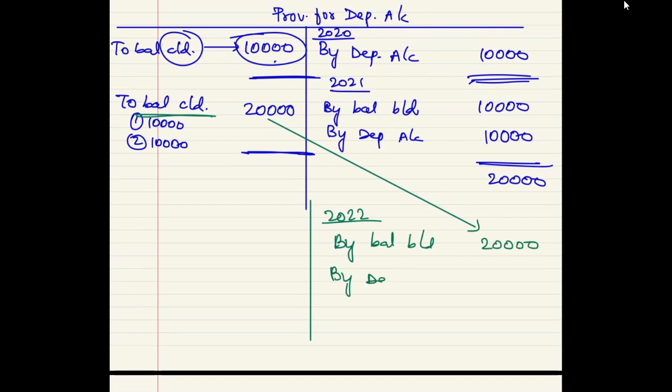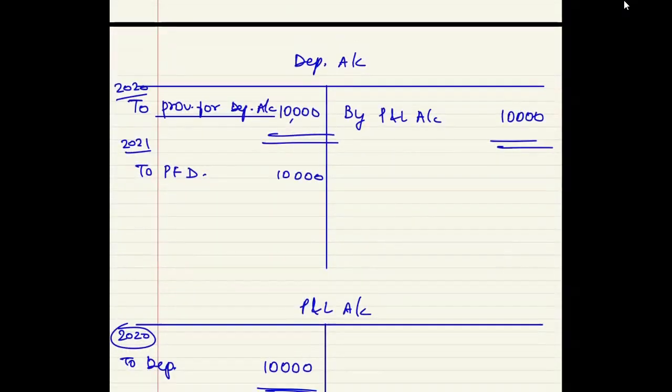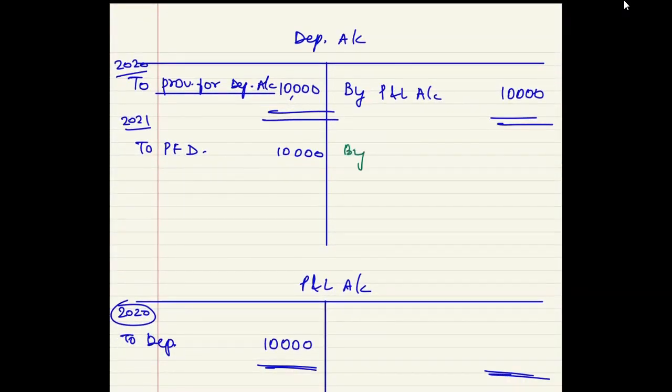Again, depreciation will be charged for 2022. It is 10,000 rupees. So now the provision for depreciation account will have a balance of 30,000, and it will include your three-year depreciation. In the depreciation account also, the earlier year goes to the P&L account, so your earlier year was closed. Now we will go to 2022.